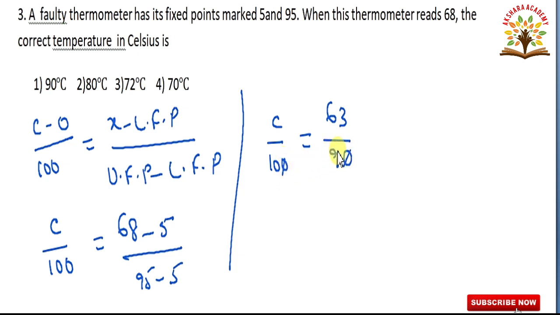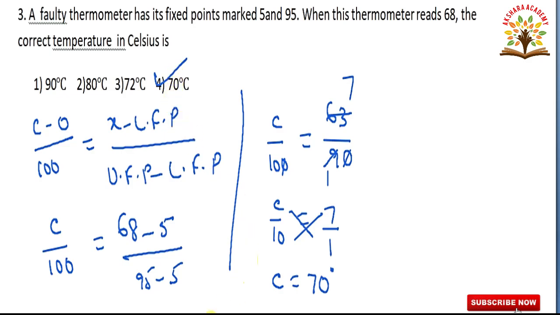The zeros cancel, 9 ones are 9, 9 sevens are 63. So C by 10 is equal to 7 by 1. Taking cross multiplication, C is equal to 70 degrees. This is the correct temperature in Celsius. Which option is correct? The fourth option is correct.